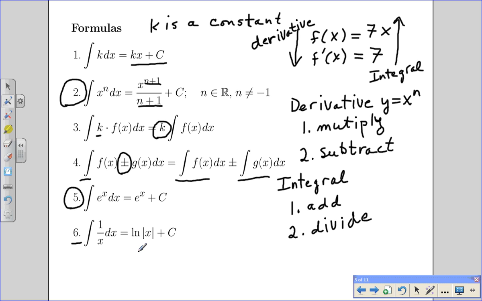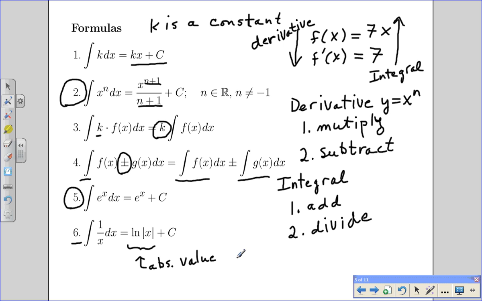Now you'll notice that here we have an absolute value. And the reason we have the absolute value is because we're not allowed to put negative numbers into a natural log. You cannot take the log of a negative number. So on the left side of the equation, in the 1 over x part, we're allowed to put in negative numbers. And so we'd like to be able to put those same negative numbers into the right side of the equation. So we put an absolute value on that.